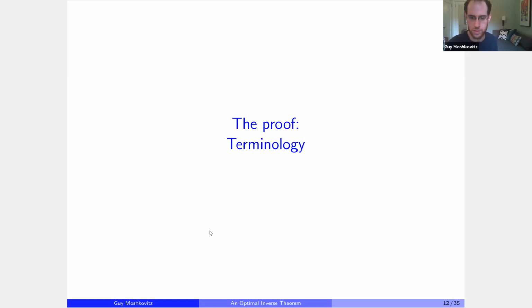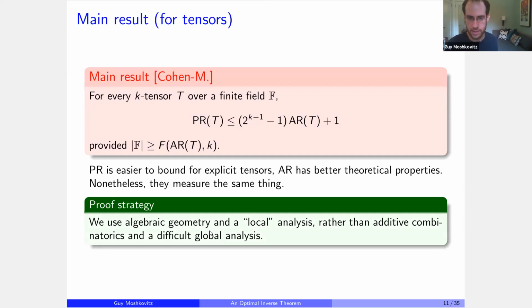Any questions so far about the statement that we want to prove? Do you have any comment about this multiplicative constant? Is this the right constant you're asking? Is this the best? Yeah, essentially that. Not quite.